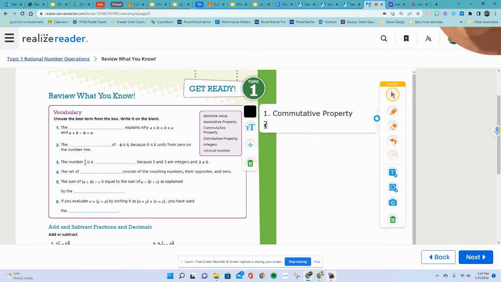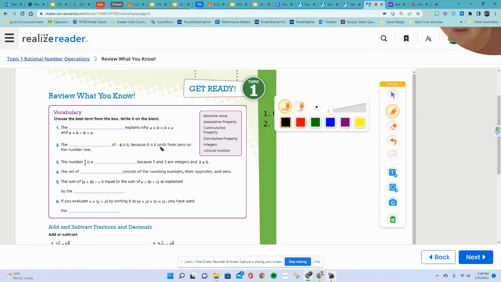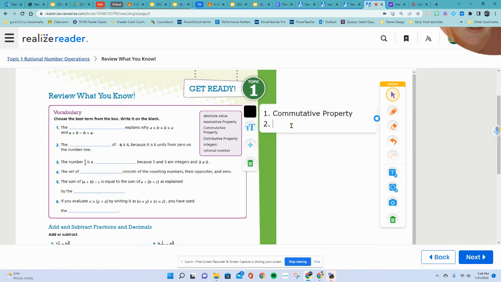So number two, that means that they are absolute values. The absolute value means that they're the same distance from 0. So I'm going to take my pencil, and I would like to see you write this down.